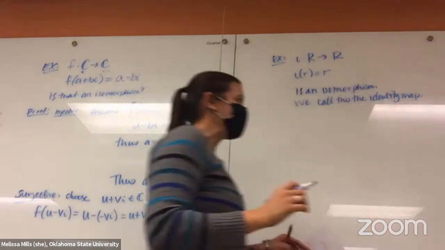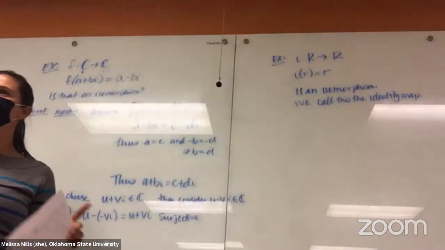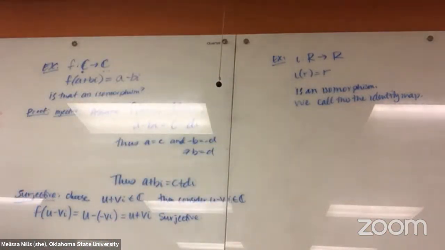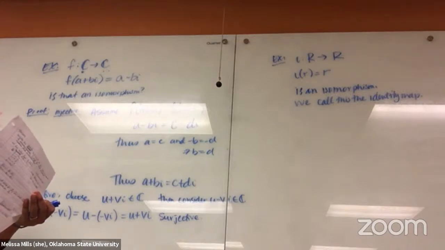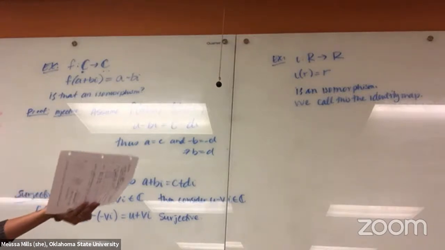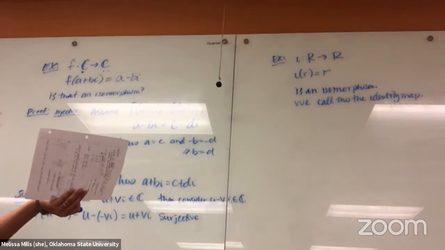And I want to think about that name for a minute, right? We've talked about identities before, haven't we? When we talk about an identity element, what kinds of identities have we seen? An additive identity and a multiplicative identity, right? And so then we're also calling this an identity.